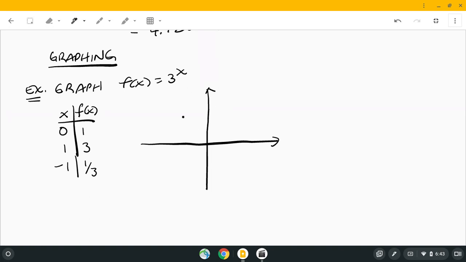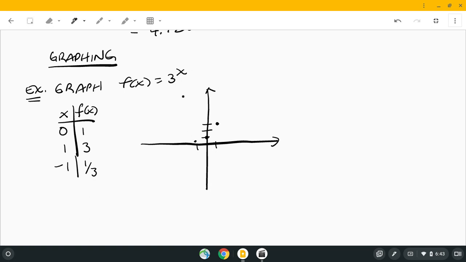So let's plot these points: 0, 1, then 1, 3, then -1, 1/3.